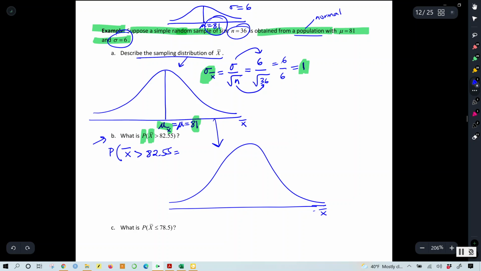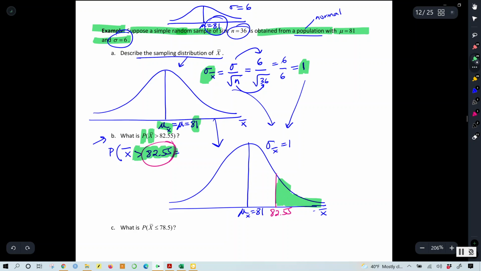The mean of x bar is 81 and the standard error is 1, from what we just gathered. We can locate the number 82.55 somewhere here because it is bigger than 81, and we're interested in the region to the right of 82.55.